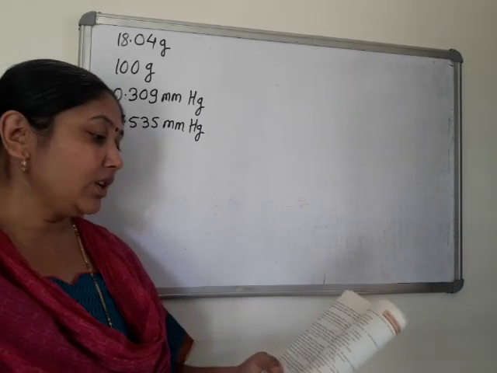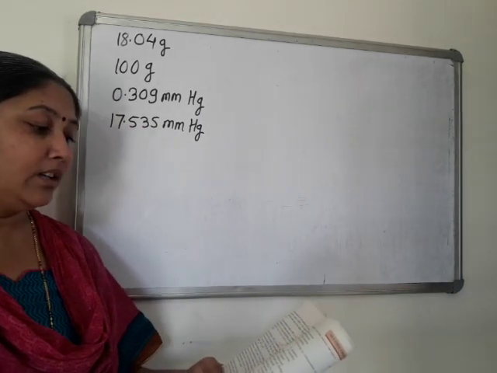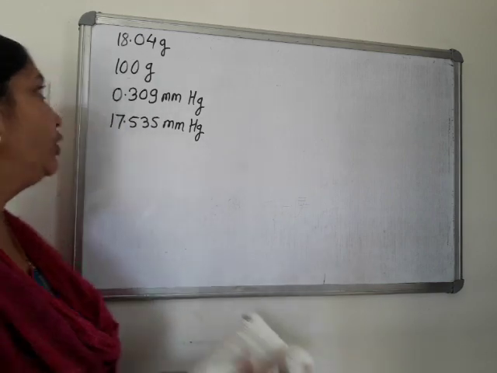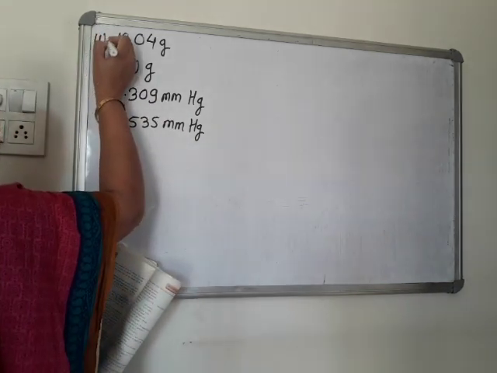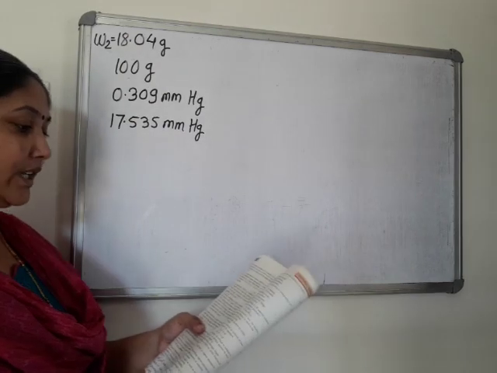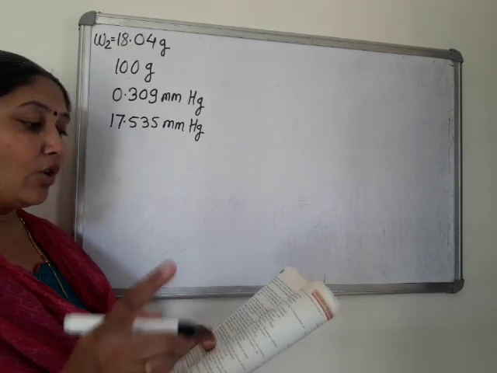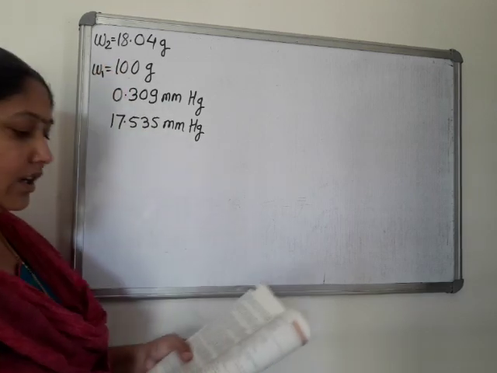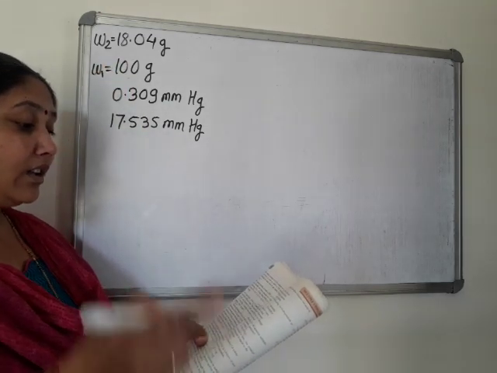Okay, read the question carefully. What is given? 18.04 gram of solute. So this is mass of solute, which we denote by W2. W2 is 18.04. Dissolved in 100 gram of water, so that is W1, W1 is 100.